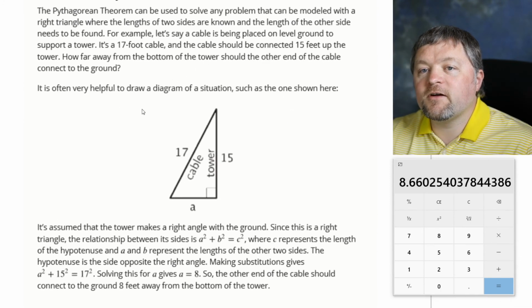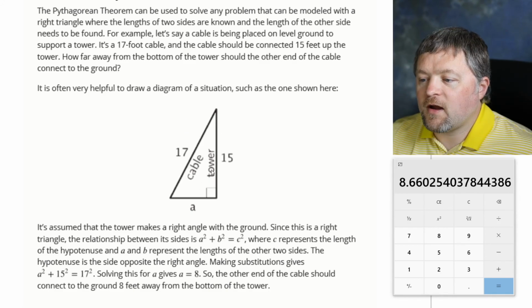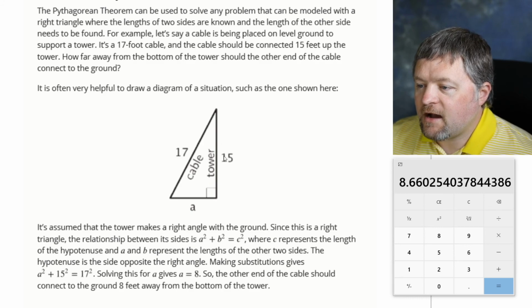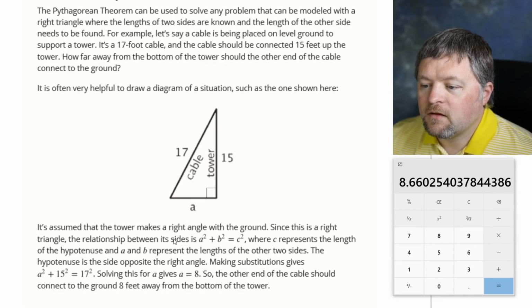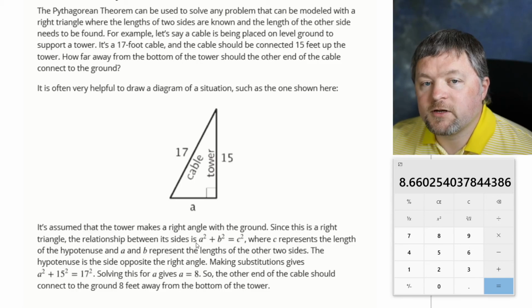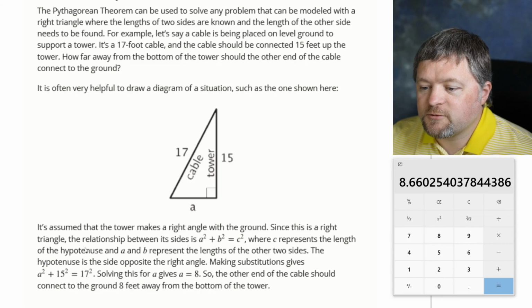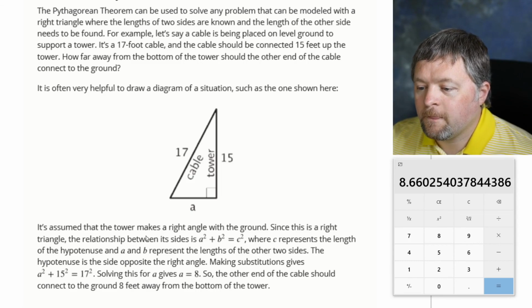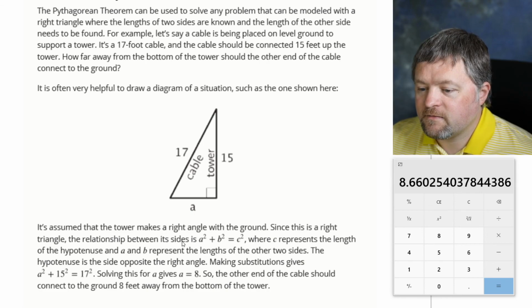It's often very helpful to draw a diagram. We have a right triangle. There's a tower that's 15 feet tall. We have a 17-foot cable. Since it's a right triangle, the relationship between its sides is a squared plus b squared equals c squared, where c represents the length of the hypotenuse, and a and b represent the lengths of the other two sides, the legs.